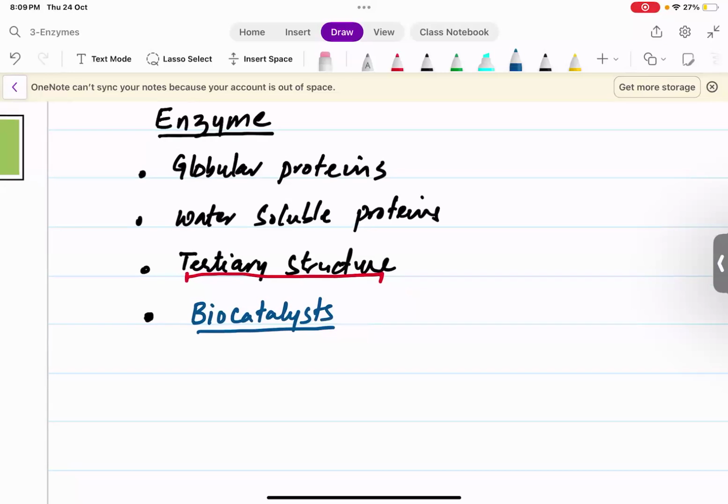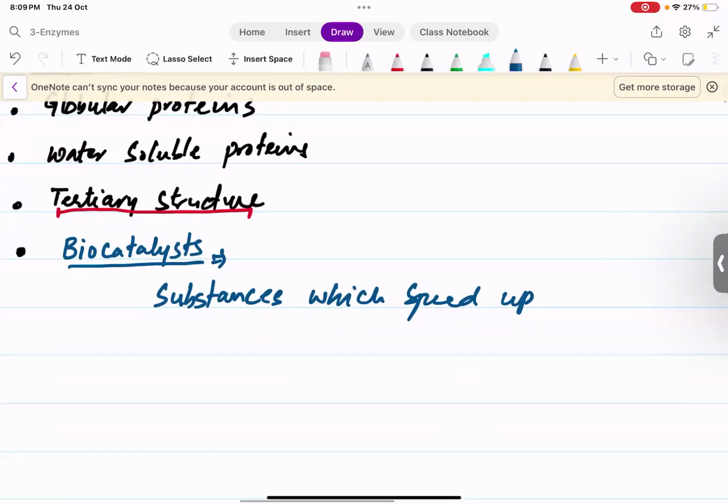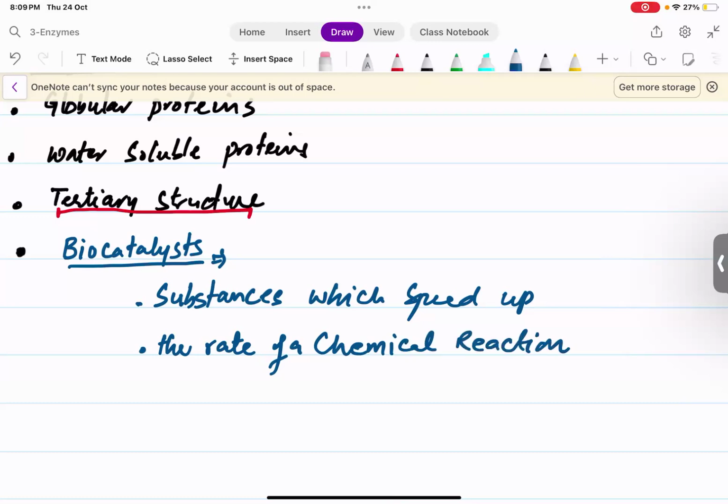So enzymes can be described as substances which speed up the rate of a chemical reaction without being changed at the end.